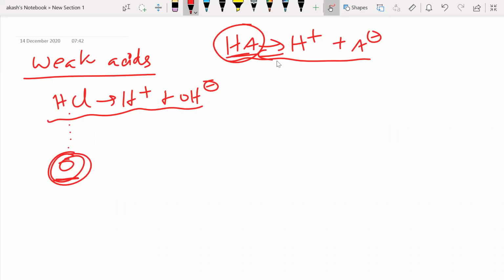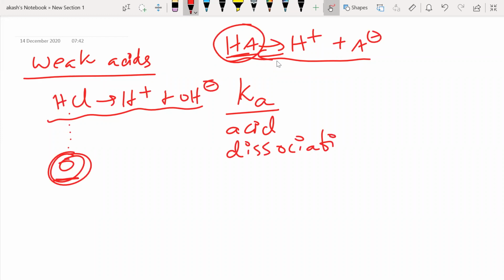Anyways, now I'm going to write the equilibrium constant, guys. I'm going to call it Ka. Ka represents the acid dissociation constant. Whenever you have an acid dissociation happening and you write the equilibrium constant for that, it is called the acid dissociation constant.